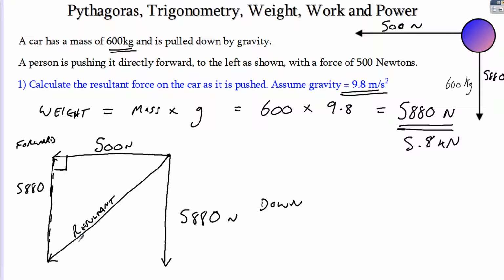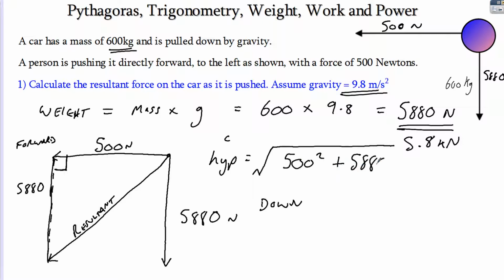So to work out the hypotenuse, which is the resultant, can anyone tell me the formula to use for finding a hypotenuse when you know the other two sides? It's the square root, well done by the way, of 500 squared plus 5880 squared. So I'll put that in my calculator.